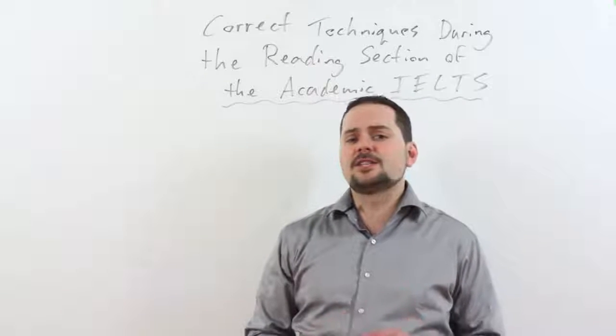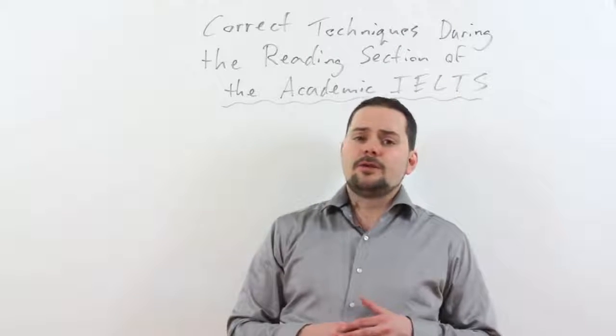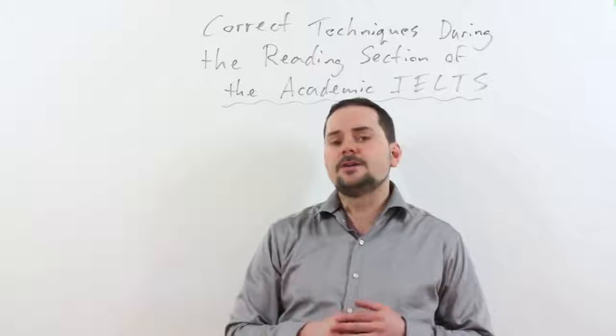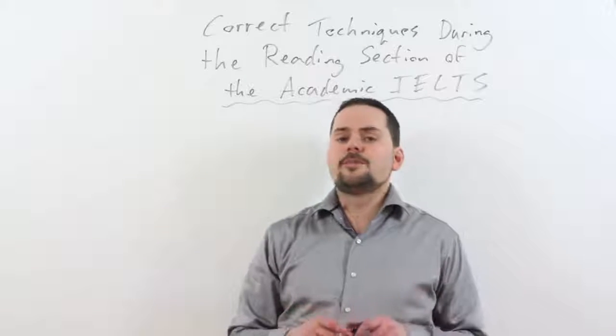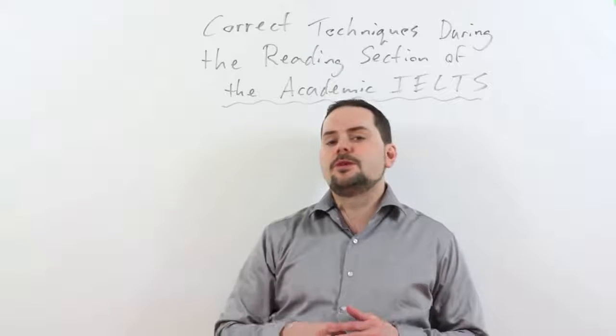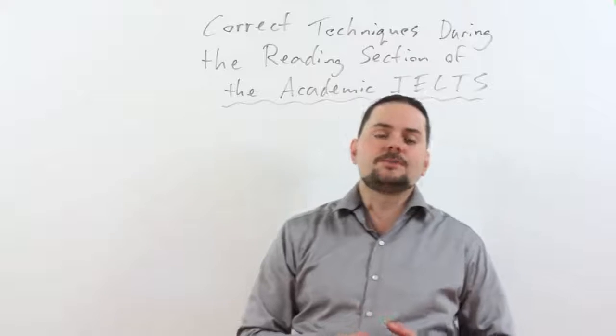And then each passage has about 13 to 14 questions. Now, there are many different types of questions, and I'll talk to you about that in a second. The total number of questions are 40. So in the 1 hour, you need to read the 3 passages and answer the 40 questions.